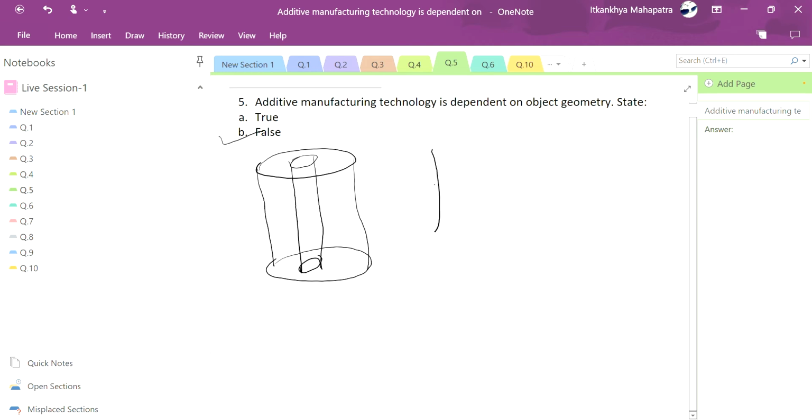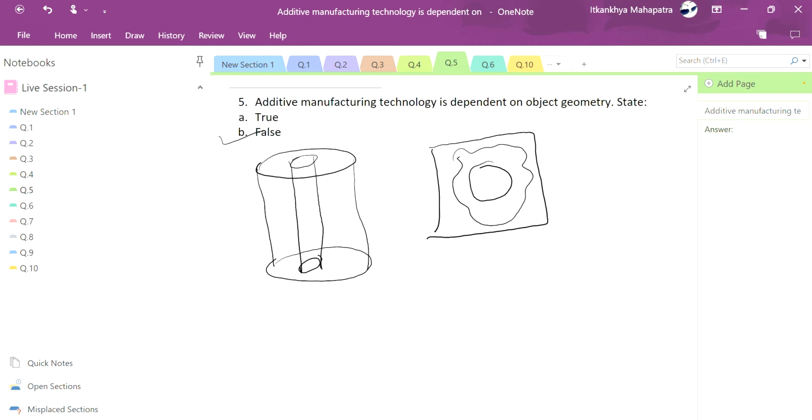And let us consider another cylinder. I'm just taking the top surface and the hole is bigger. So this is the area outside. If the hole is larger, the side region will change. So this technology is independent of object geometry.